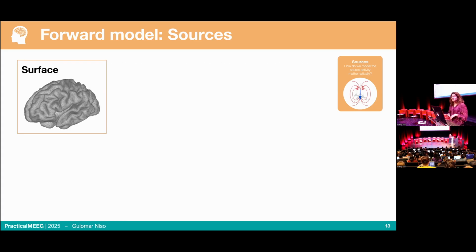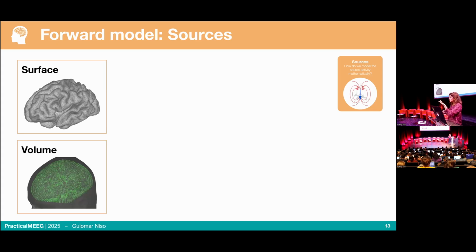So now we want to estimate the source activity inside the brain, but how do we define the brain? For this, we make a grid and try to estimate on the surface or on the volume and have different points that could just lie on the surface of the cortex or deep inside throughout the volume.